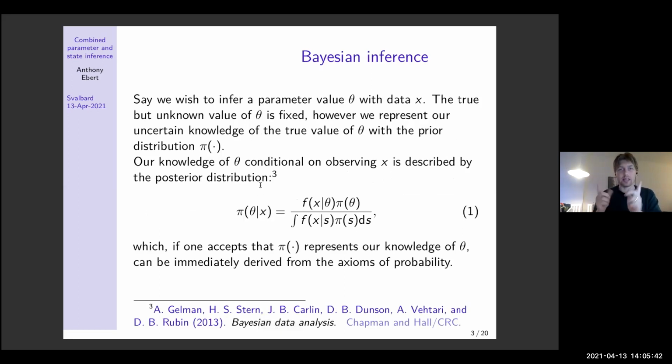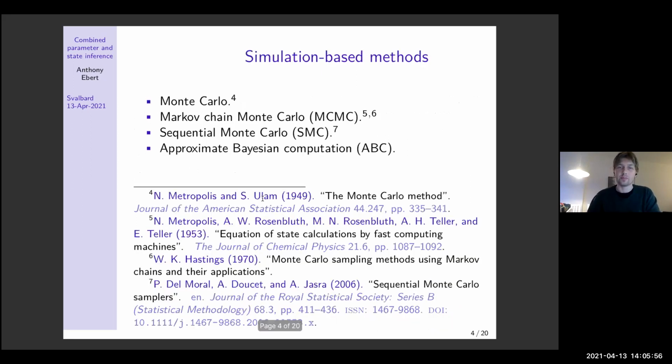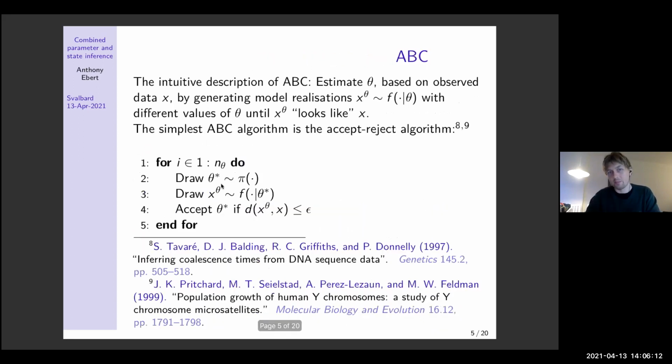Okay, starting from fixed parameters, obviously here we all understand the concept of Bayesian inference, but to fix notation. And we've got a variety of methods for performing inference on fixed parameters: Monte Carlo, Markov chain Monte Carlo, sequential Monte Carlo, ABC. Here to talk about ABC. We all know what ABC is.